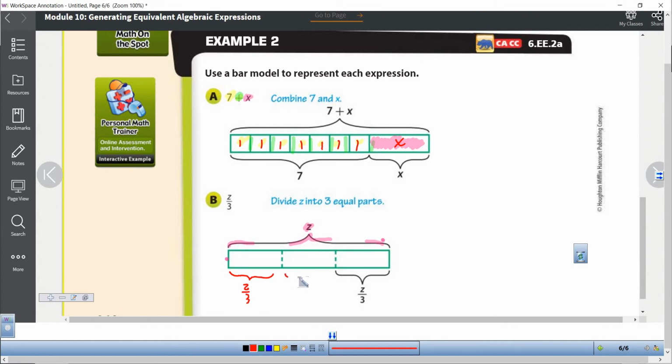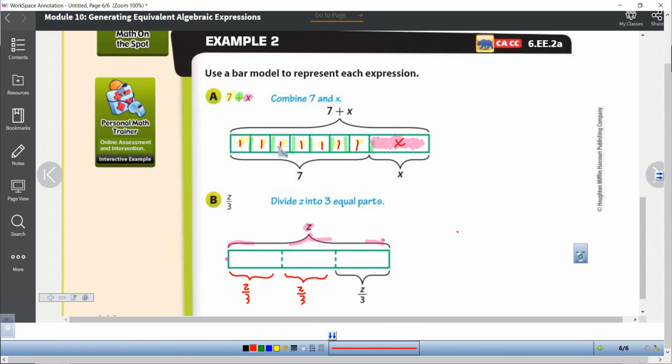It might not be 1. If z were 3, then each of these would be 1, because 3 divided by 3 would be 1. But if z were 9, 9 divided by 3 would be 3. Then each one would be 3. So each one of them represents 1 part. Here, these actually are 1s, because this part here is 7.